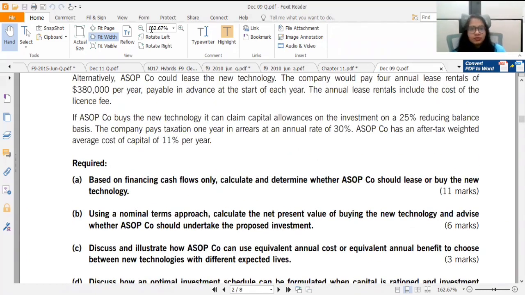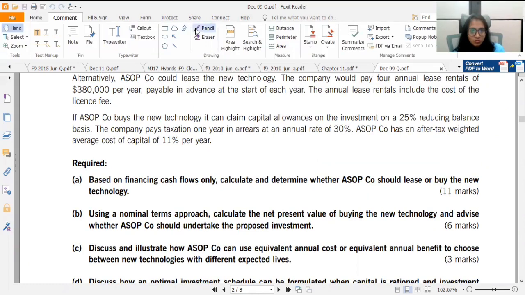Now, here based on financing cash flows only, calculate and determine whether SOPCO should lease or buy the new technology. So guys, please remember, whenever you are doing a lease or buy decision, it is always based on financing cash flows only, nothing else.